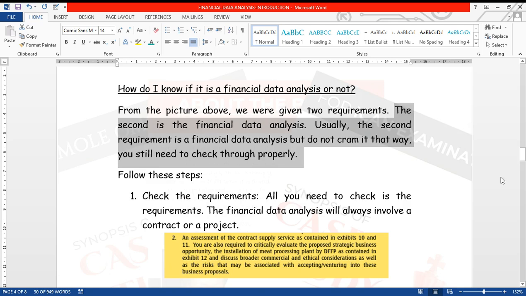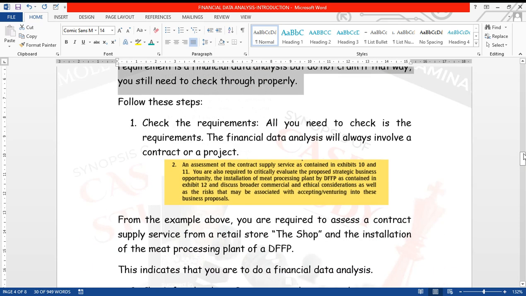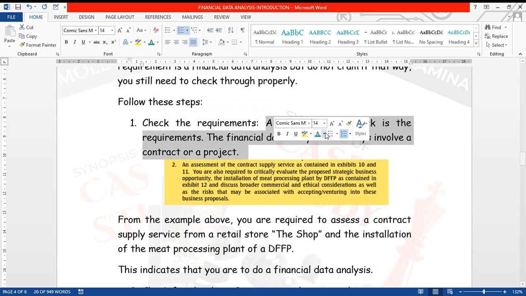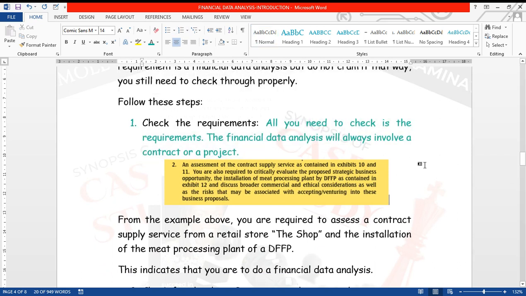So the first thing is to check the requirements. All you need to check is the requirements, basically. Is the requirement talking about a contract? Is it talking about a project? Is it talking about a proposal? What is it really talking about? If it's talking about financial statements or management accounts, obviously this is a financial statement analysis, right?